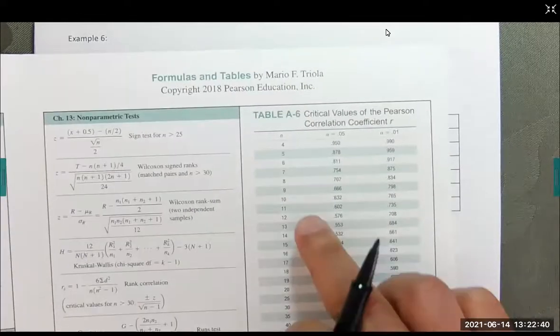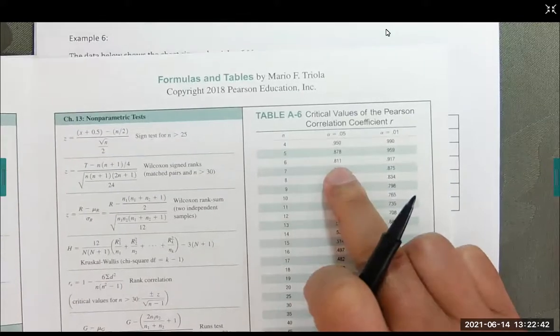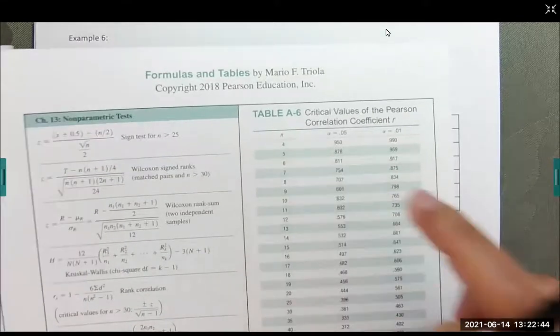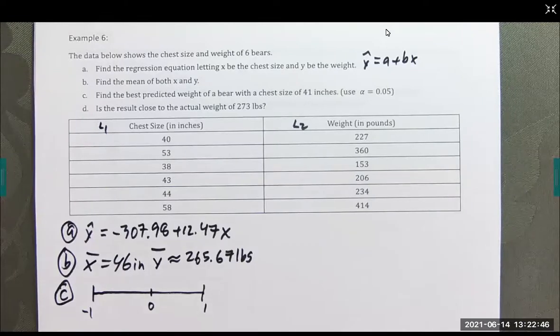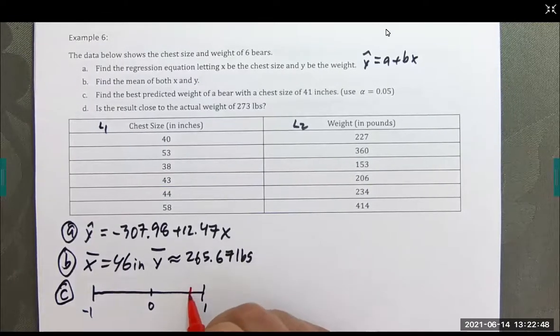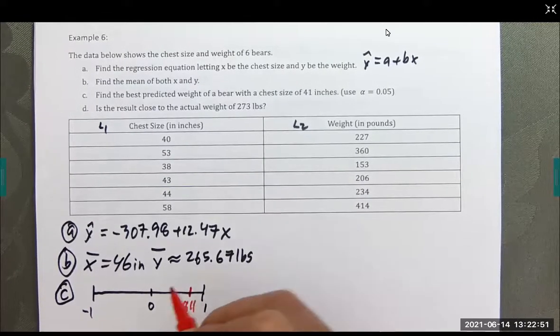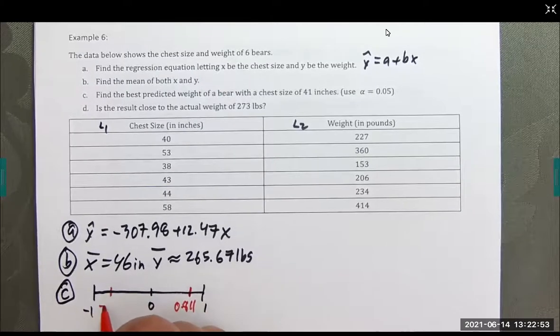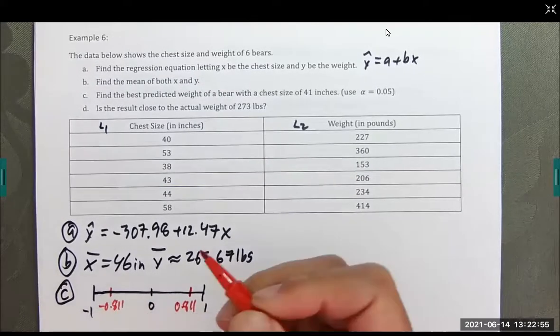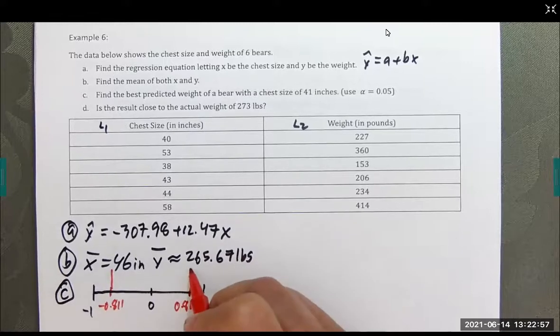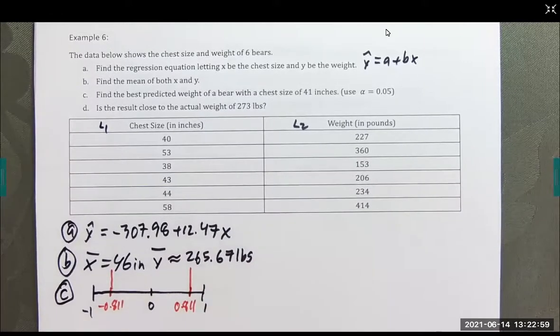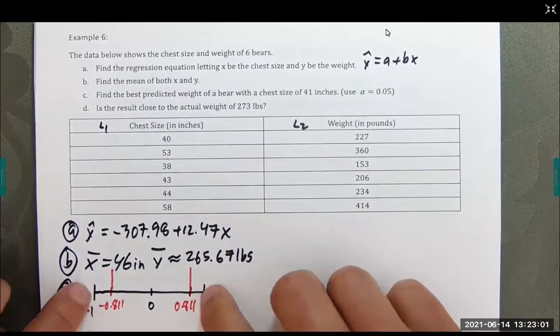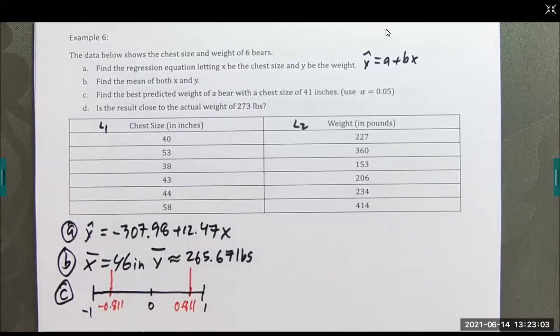N is 6, 0.05. That's 0.811. So in between, again, is our no linear correlation. And if we're beyond -0.811 or 0.811, then we do have a correlation.